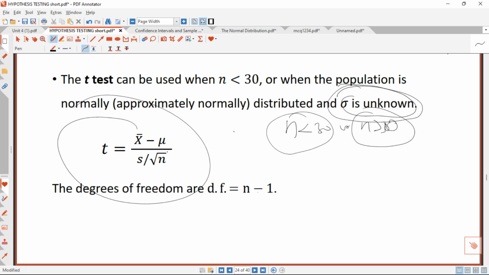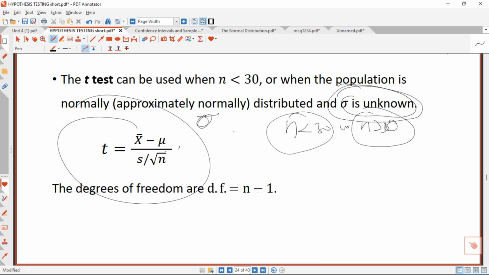But what makes it different is that for the z-test we have sigma, the population standard deviation, but in the t-test we have our sample standard deviation. This is called the t calculated. We compare this t calculated with our critical value from the t-test table.